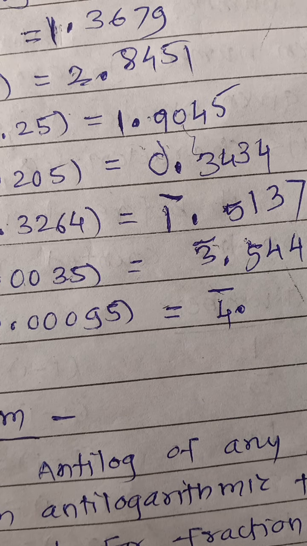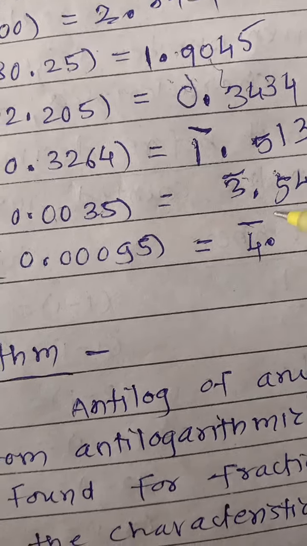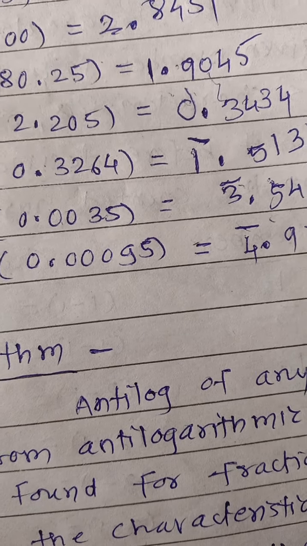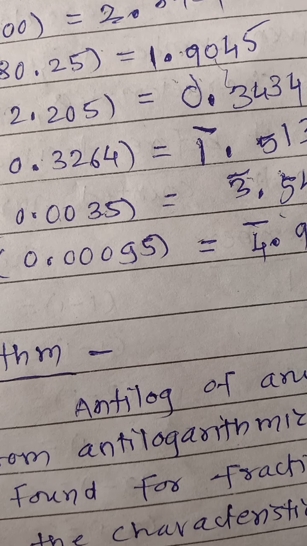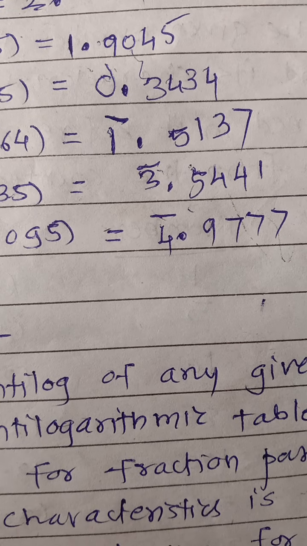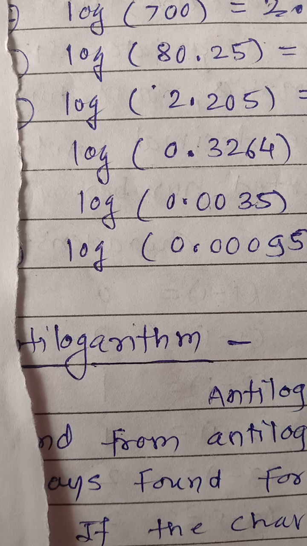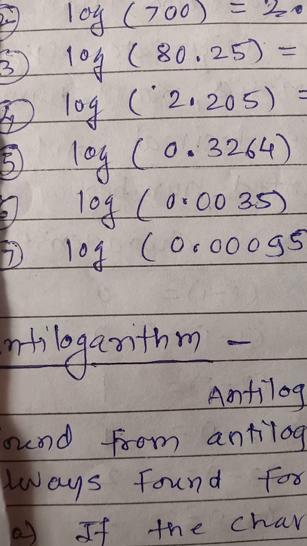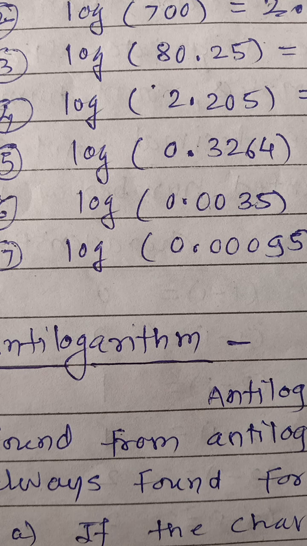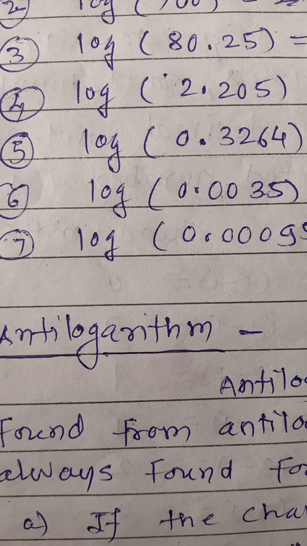So 4 bar point 9777 will be the log of this given number. So in this way we can find the log of any given number from this table.